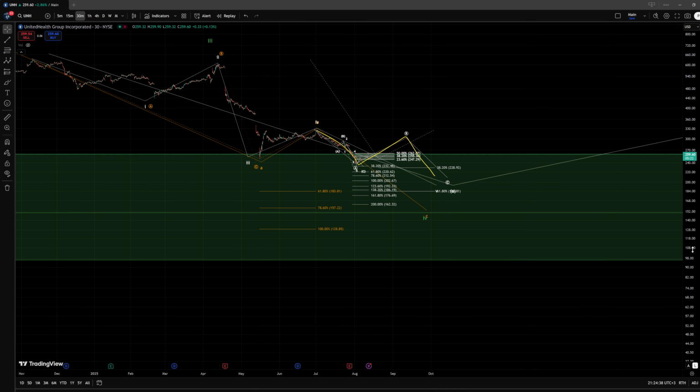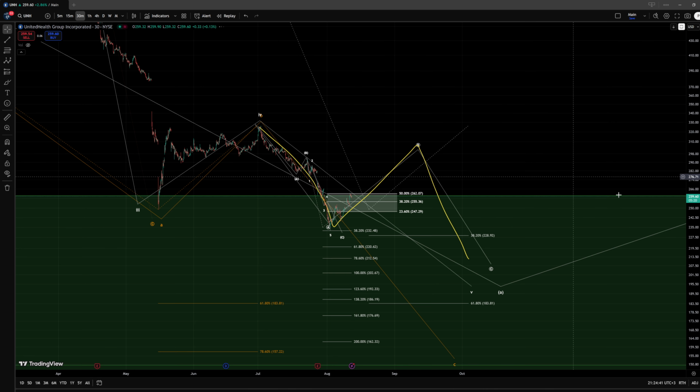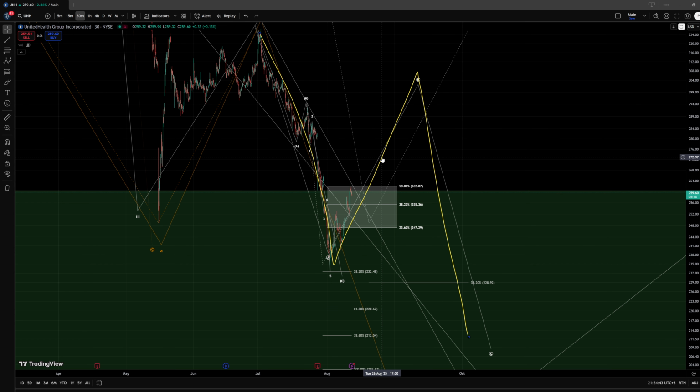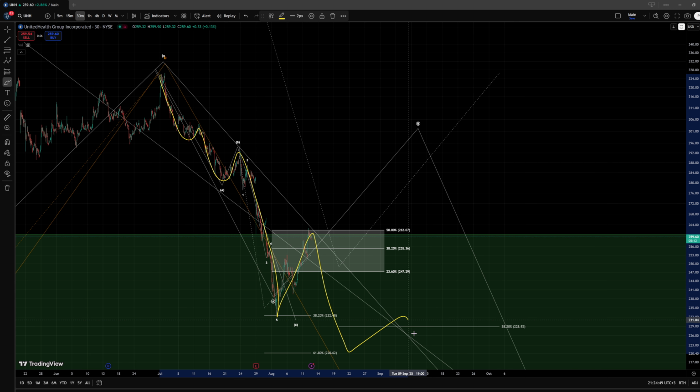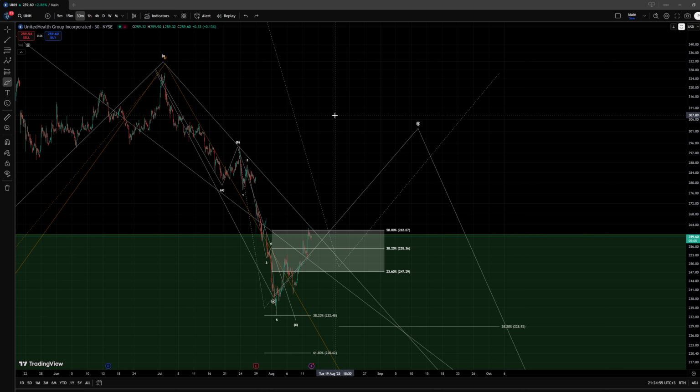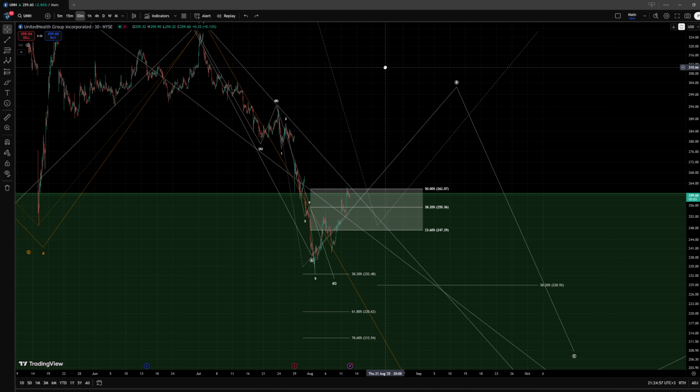But for now, we are still within scope for direct downside in something like a 1, 2, 1, 2, 3, 4, 5, 4, 5. We could still develop a C wave to the downside. We still need to be careful. A C wave is always a 5-wave move, and this could still turn into one realistically.